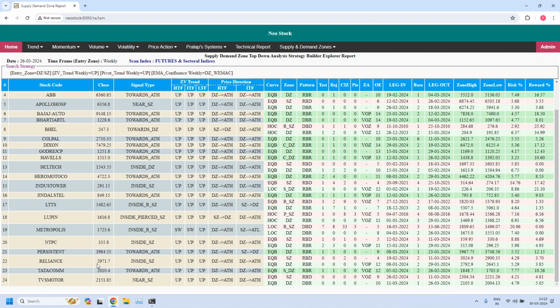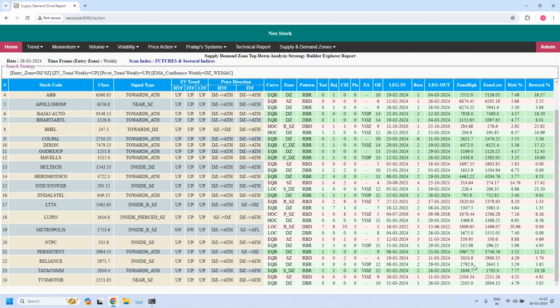But still overextension is there. The reason is the price is 2,971, and here zone high is 2792. Close to another 200 rupees down, then overextension will complete, and then it will be entering into the demand zone, the weekly demand zone.